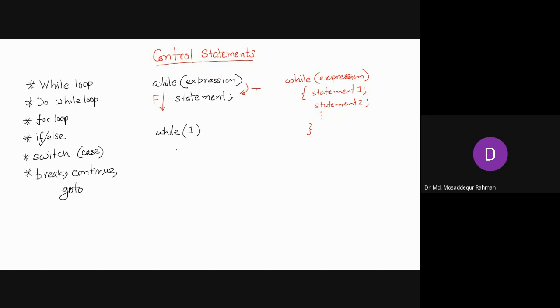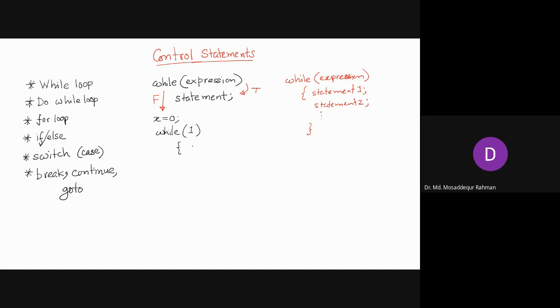Let's say I'm giving an example: while 1. So 1 is an expression here, which is true because it's a positive number. Let's say we use a variable x. x is 0.